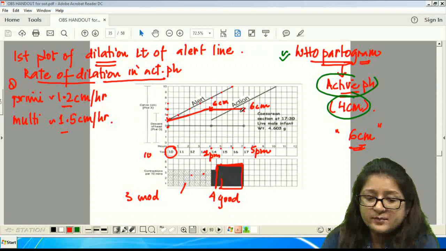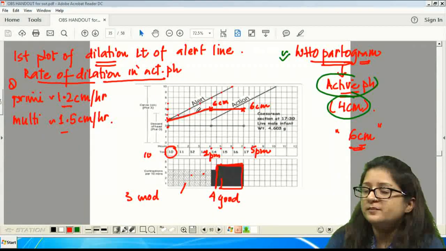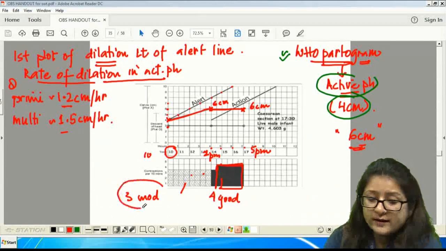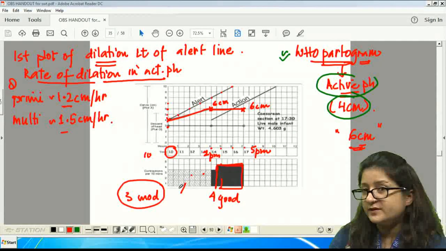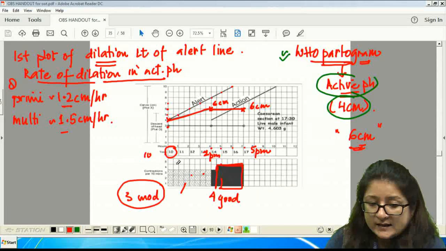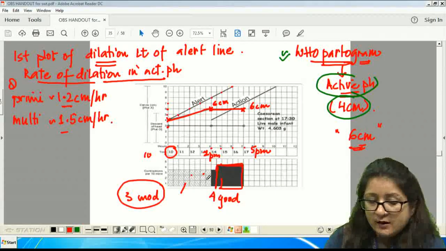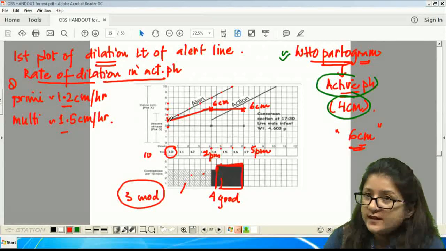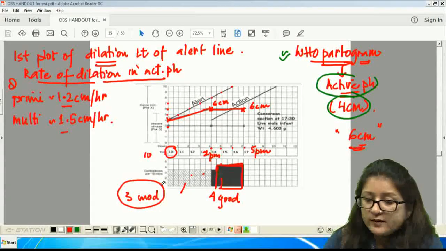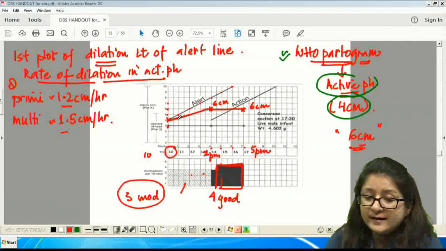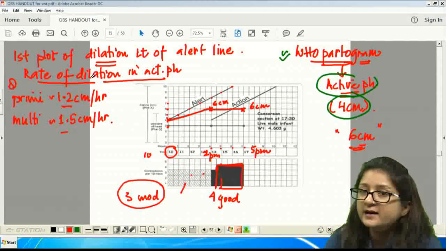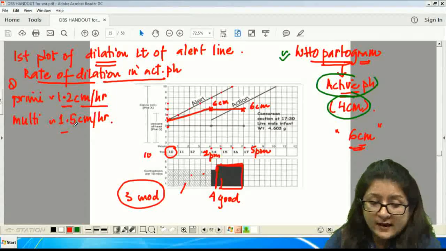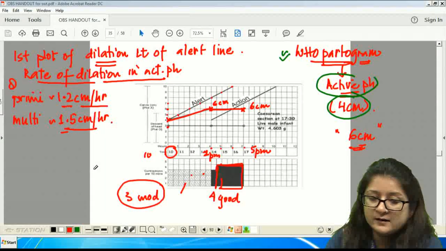So we can appreciate that in the first 4 hours, there were moderate contractions. Now what are we interpreting from this partogram? She was admitted at 4 centimeters, but even after moderate contractions, she failed to dilate at the expected rate, which is 1.2 centimeters per hour in primi and 1.5 centimeters per hour in multi.